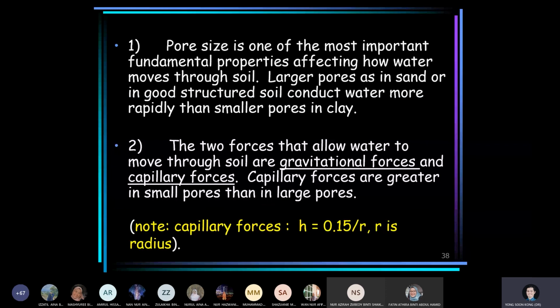Okay, so next part is we're going to determine the factors that influence the flow of water. Pore size. Here they say pore size is the most important, and I also agree, because if pore size is very small, usually it is hygroscopic.